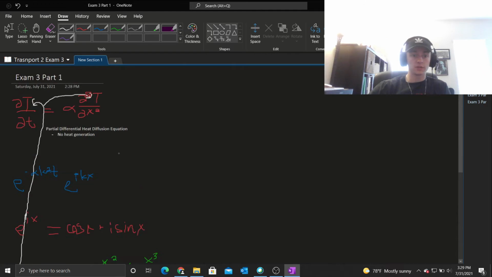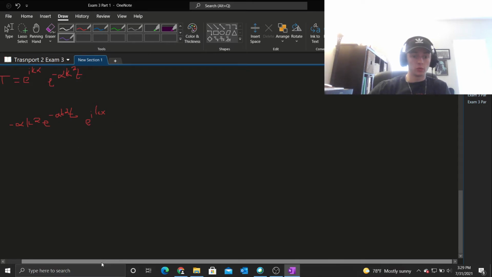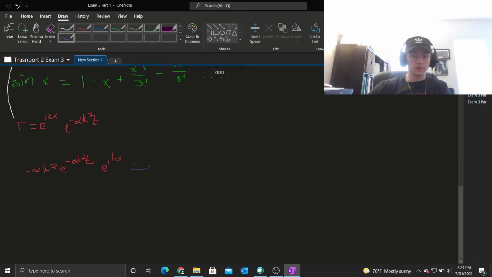On the right side, we have to take the derivative with respect to x twice. We get alpha times e to the negative alpha k squared t times i squared k squared times e to the i k x.